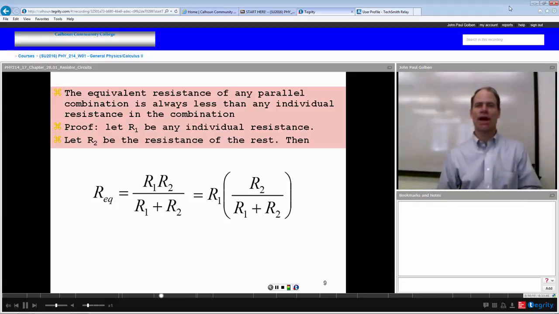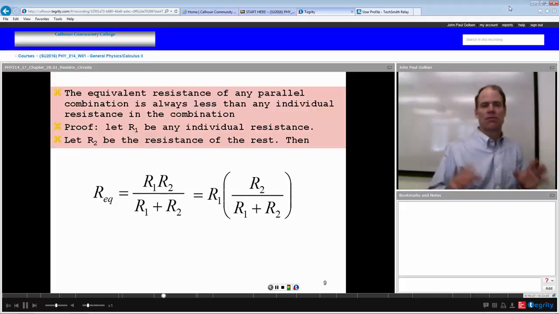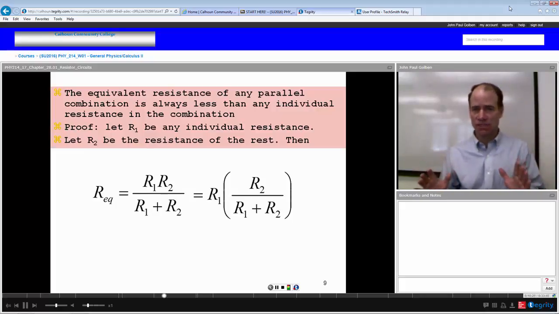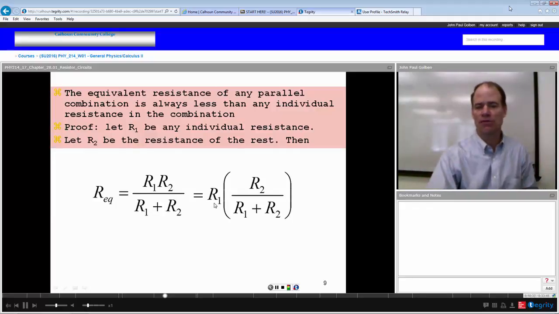So we're going to have our particular resistor, R1, in parallel with everything else, whatever that configuration might be. So if we were to calculate the equivalent resistance of that, it would be product over the sum, and factoring out our R1, we have R1 times this fraction, R2 divided by R1 plus R2.